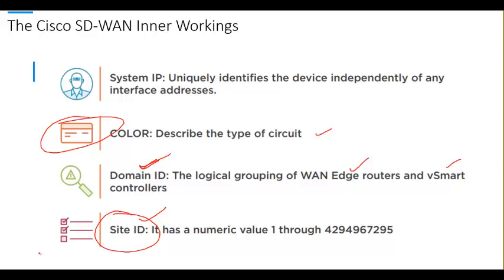So this is the condition. If I make a mistake in site ID, two sites having the same site ID, then there won't be a tunnel between them. So IPsec is formed only between the WAN edge routers with different site ID.